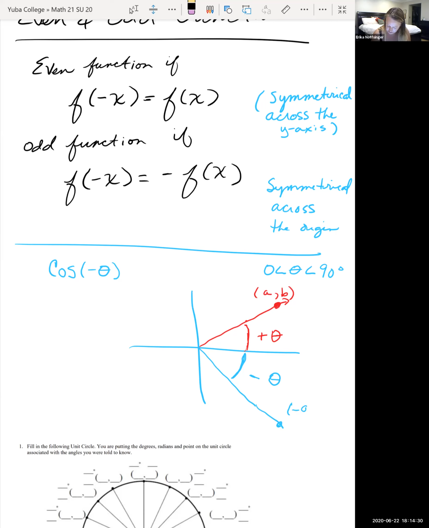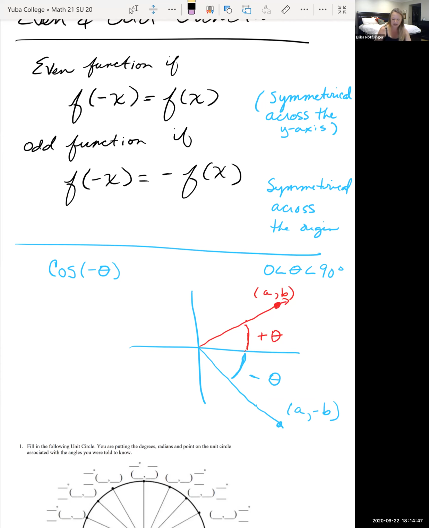I'm sorry, it's not negative A, it's still A, right? But negative B. Remember, cosine is the x value.